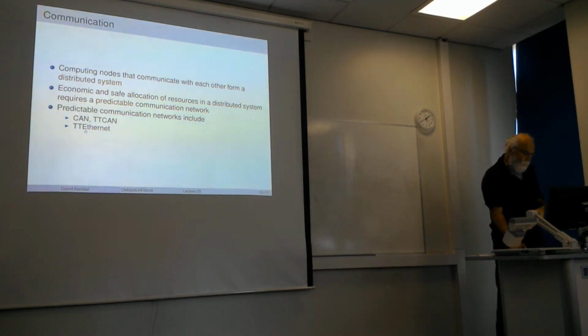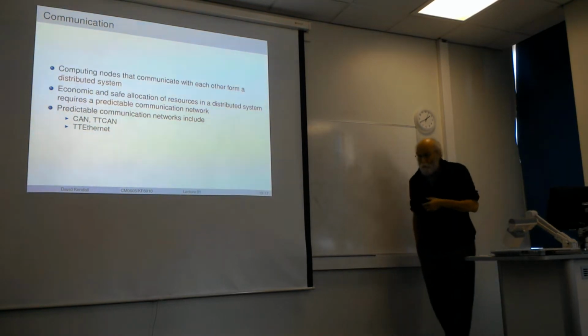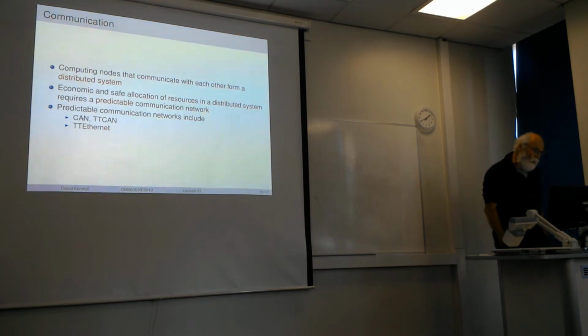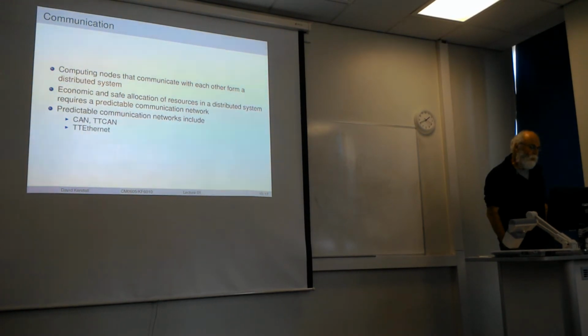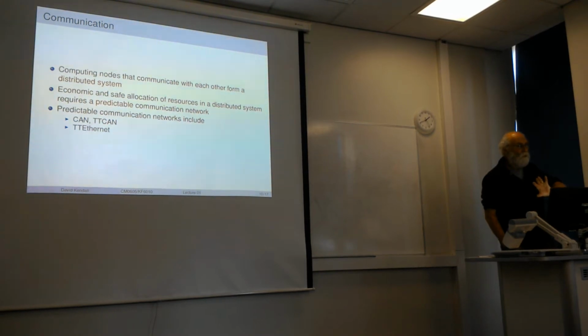So as far as predictable communication is concerned, we'll spend quite a bit of time looking at CAN, but we'll also look at some systems which have less strong requirements for predictability. We'll look at some Internet of Things type approaches, and so on. But the basic split between semester one and semester two is semester one essentially uniprocessor, semester two essentially distributed.